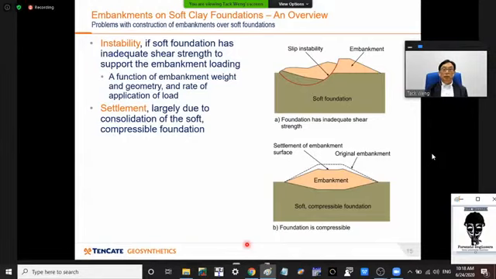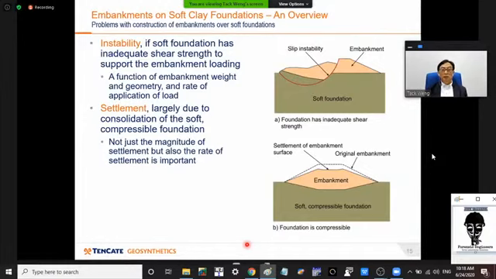The imposed load from the embankment can actually be very high, and this can compress the foundation layers, the soft foundation layers. It is not just the magnitude of the settlement that is important, but what is also important is the rate of settlement.